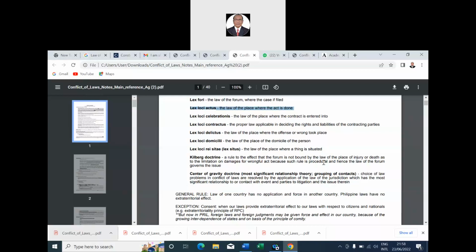Law of limitation will not work in private international law, because a right cannot be extinguished, but the remedy will be barred because of limitation. Is it clear?